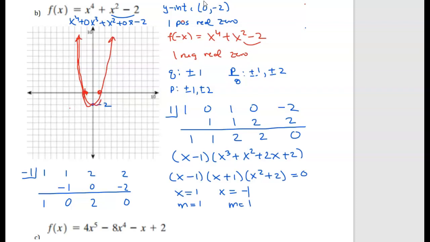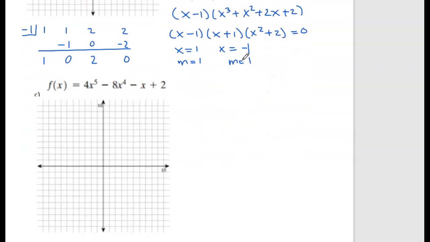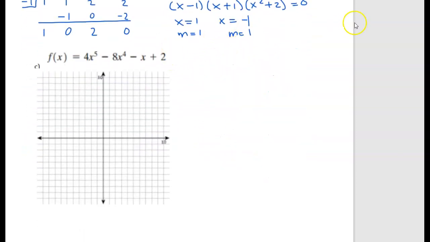I mean, it could go like this because it's x to the 4. It probably does. Alright, if I just graph that, it's like a parabola. So I think an x to the 4 kind of does something like this, like a W. Like that. Okay? Alright. Okay, let's do this last problem.